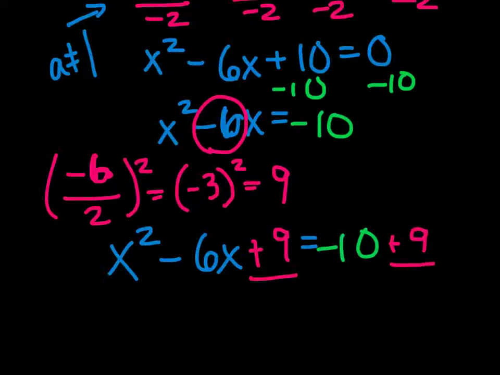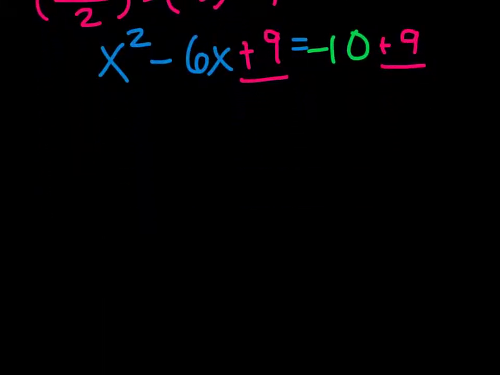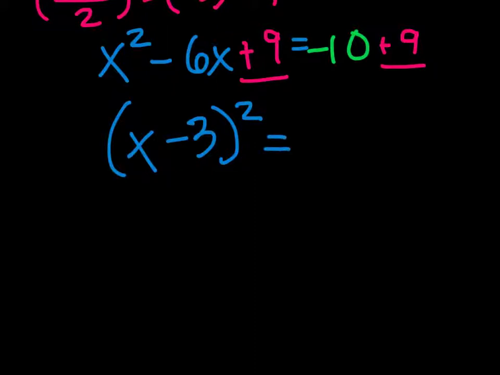We've added it to both sides of the equation, keeping everything balanced. X squared minus 6x plus 9, we can factor into x minus 3 squared. And that is equal to negative 10 plus 9, which is negative 1. We can do that math.